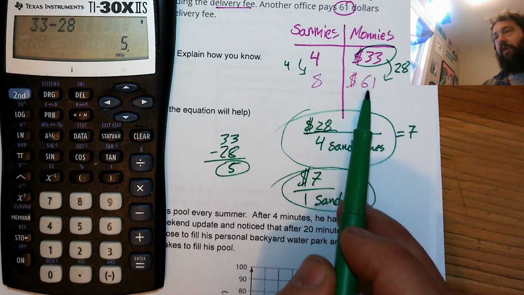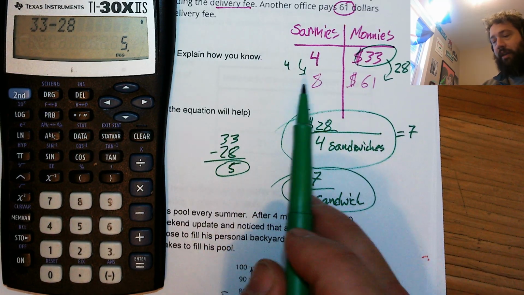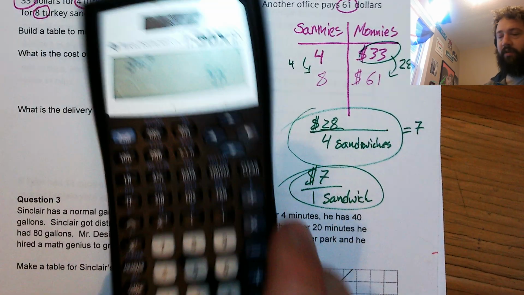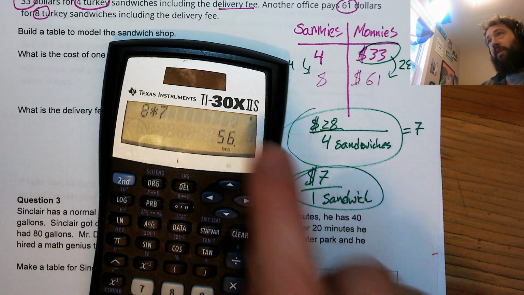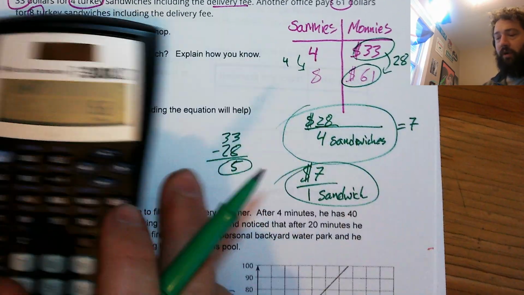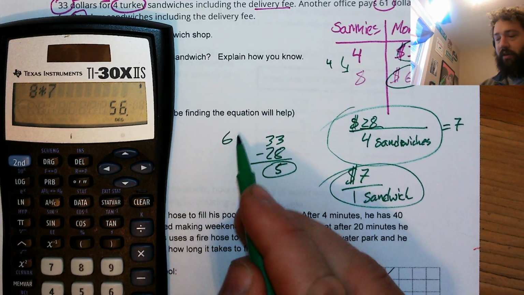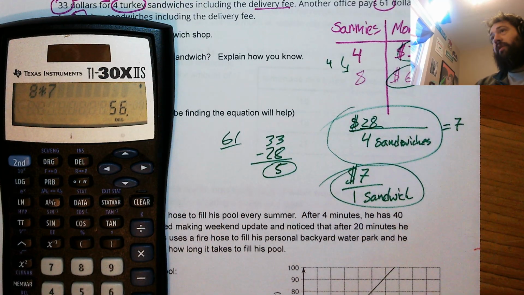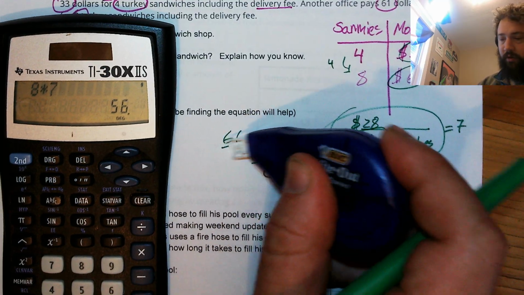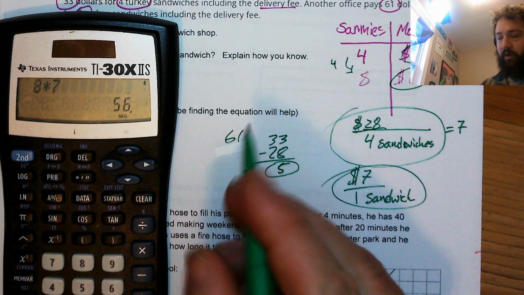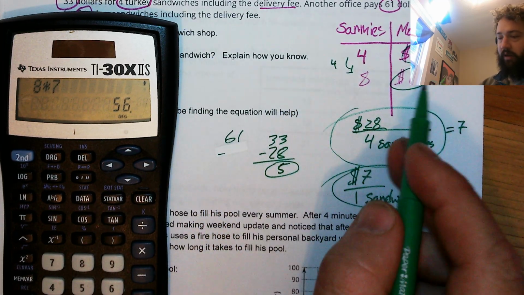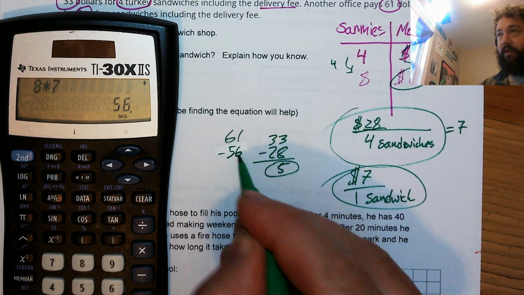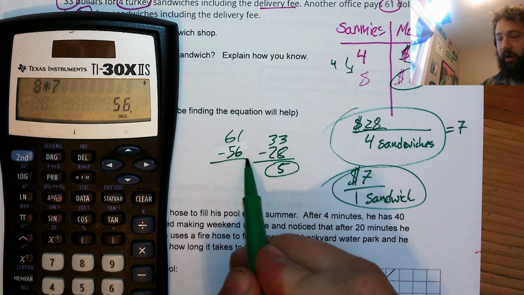Is that the same for this one? If I had 8 sandwiches, 8 times 7, well, that's 56. What's the difference between 56 and 61? So let's try that, 61 minus 56.